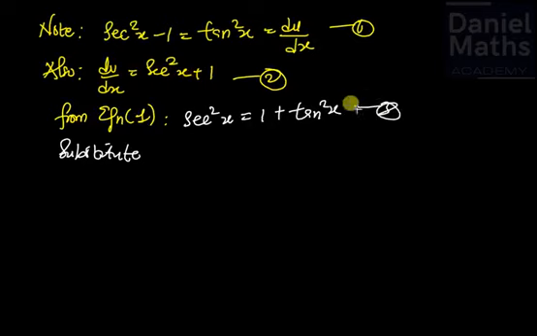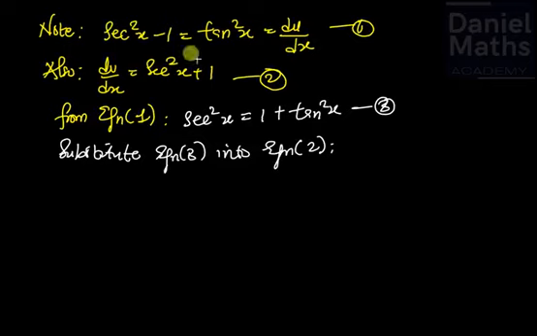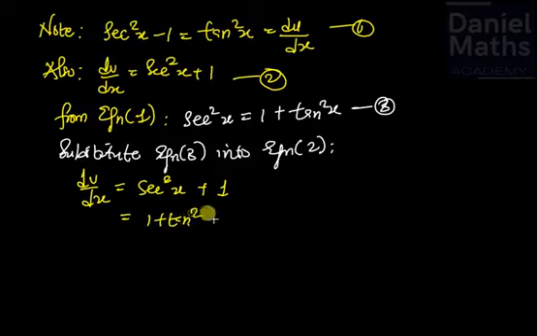If I substitute equation 3 into equation 2, we have that dv over dx is equal to sec square x plus 1. And we said that sec square x is equal to 1 plus tan square x, so this will be 1 plus tan square x plus 1.